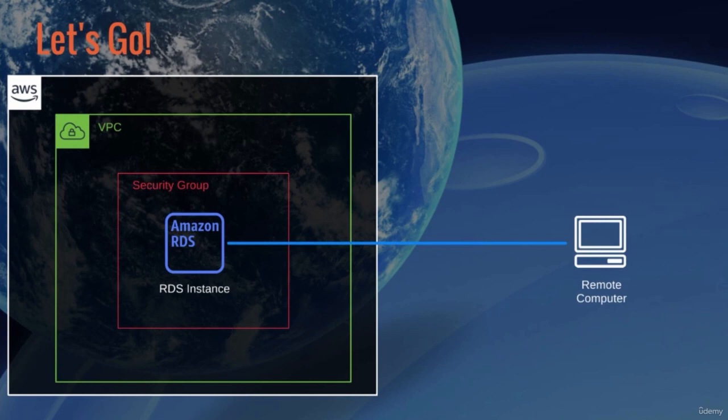And within that security group, we are going to define a rule that will allow access from our remote computer. Then when we are launching our RDS instance, we simply define and associate that security group with that instance, and that database will be launched with that security group associated to it.